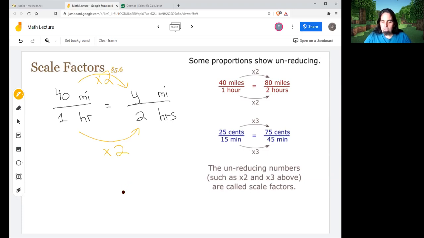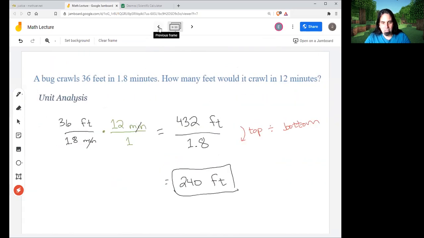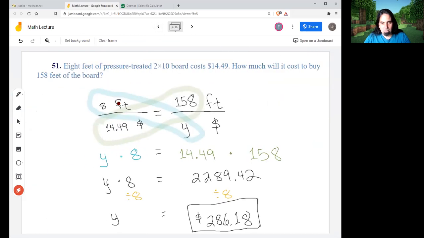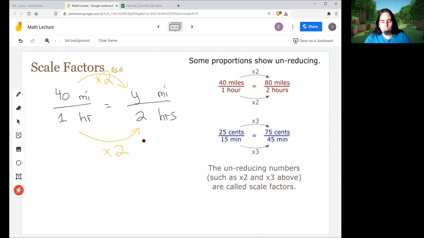That one is less reliable as a method to use in most occasions because you often just can't quite see what it is. Right? 1.8 times something is 12, but it's not obvious what that is. Eight times something is 158, but that doesn't look friendly. Right? So this tends not to be something that is useful as a tool for solving these, compared to the other 3 methods we just did.